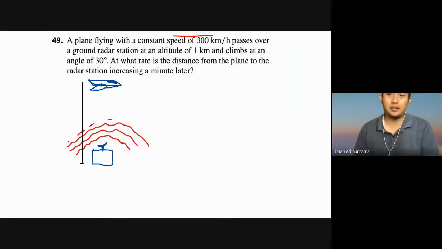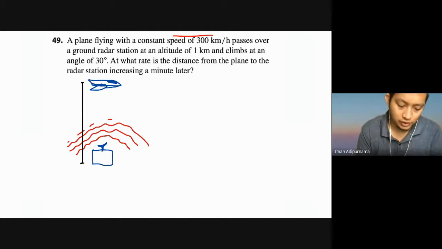Altitude means height. Something you might have heard when dealing with a flight: when you are inside a plane, the pilot will say, "We are at such and such altitude, some kilometer," right?